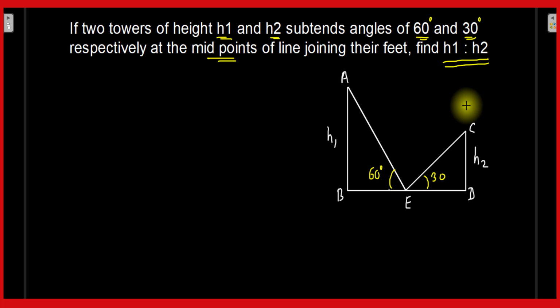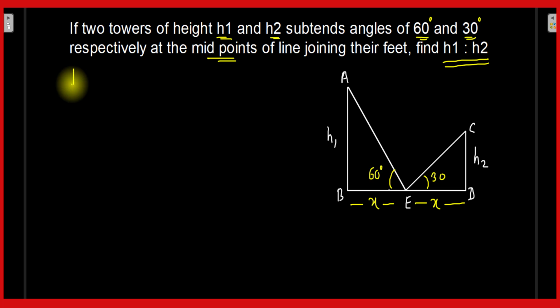So friends, here let us assume that BE is x and ED is also x, because E is the midpoint of BD, and therefore first we will talk about triangle ABE.